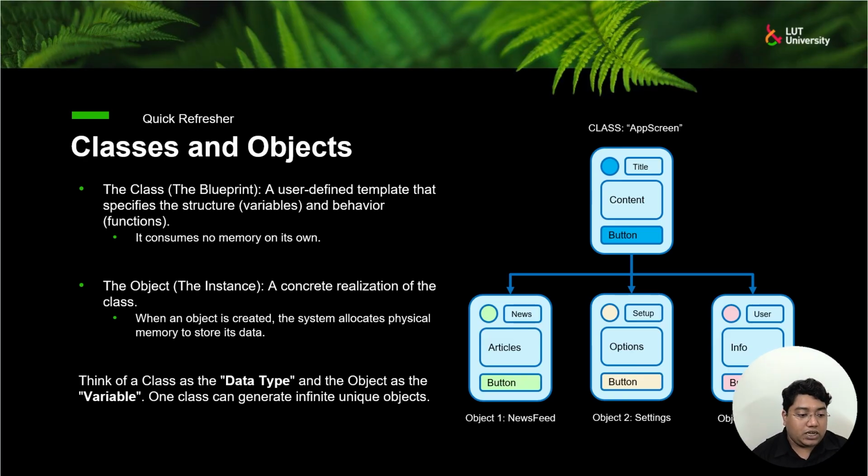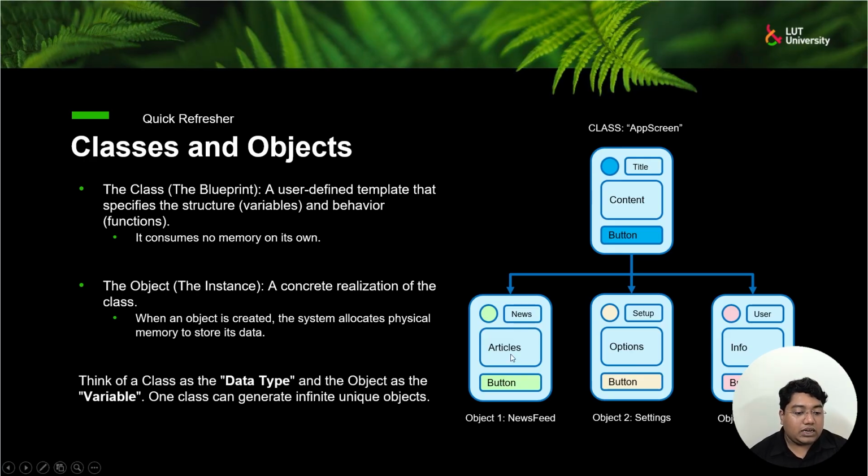But an object is an actual instance of that class. When we create an object, memory is allocated for its member variables. I like the comparison where classes are compared with data types and objects are compared with variables, as you can see on the slide.